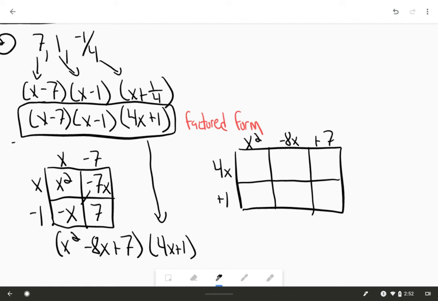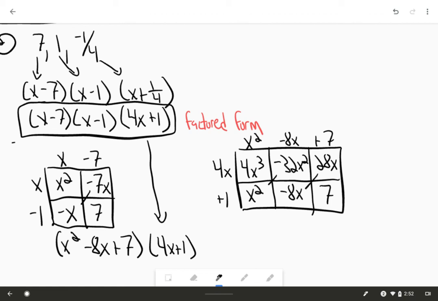So 4x times x squared is going to be 4x cubed. 4x times negative 8x, that is going to be negative 32x squared, right? And then 4x times 7 is going to be 28x. Okay. The second one will be easy because 1 times x squared is x squared. 1 times negative 8x is negative 8x. And 1 times 7 is 7.